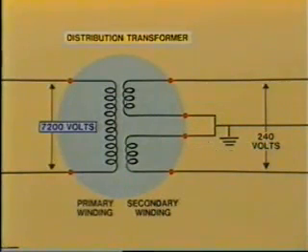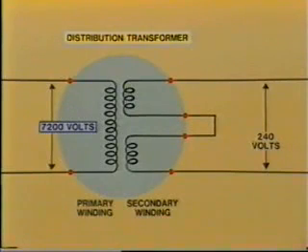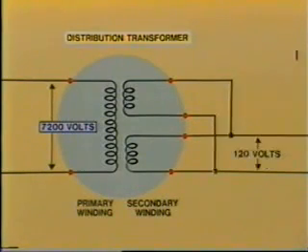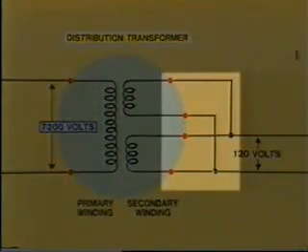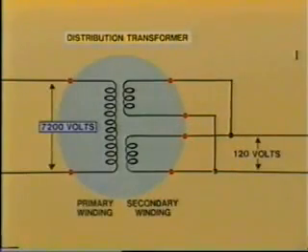If 240 volt only is required by the customer, then the center tap can be eliminated and only the two outer leads will be connected to the customer's installation. By contrast, in some situations, only the 120 volt service is required. So we can now simply connect the two secondary windings in parallel, like this, and bring only two leads to the customer service entrance.